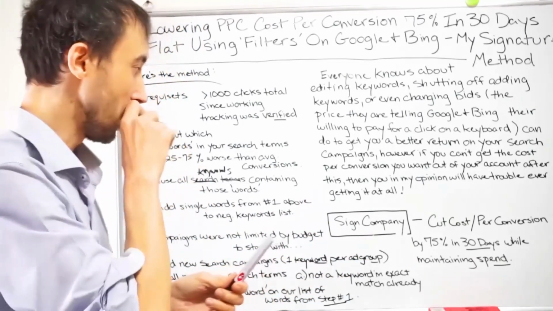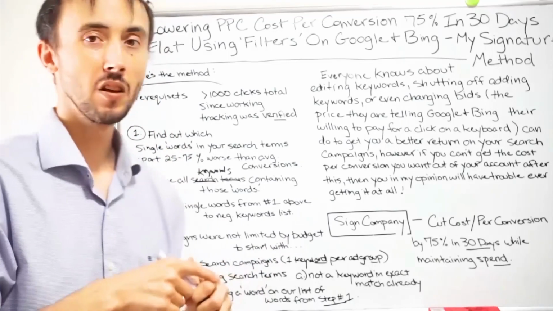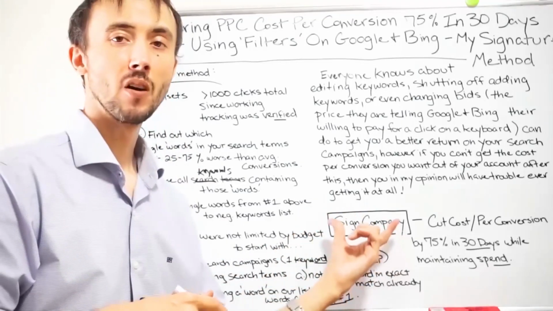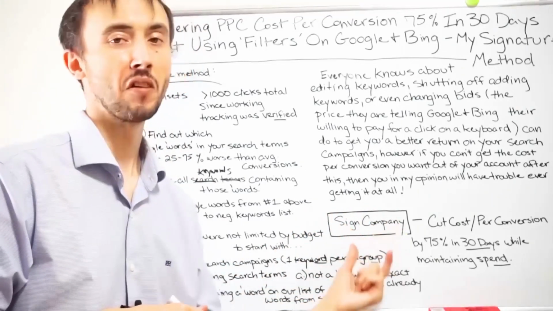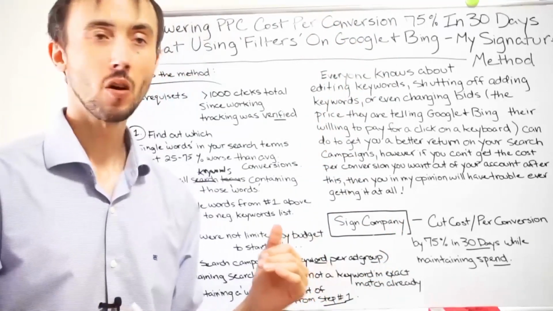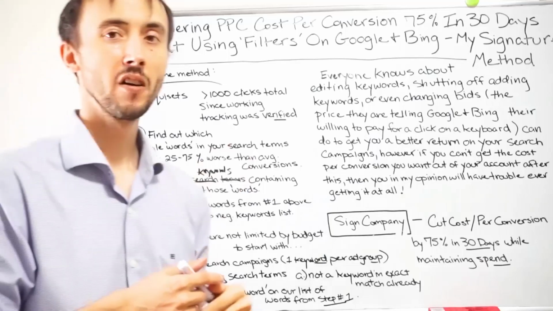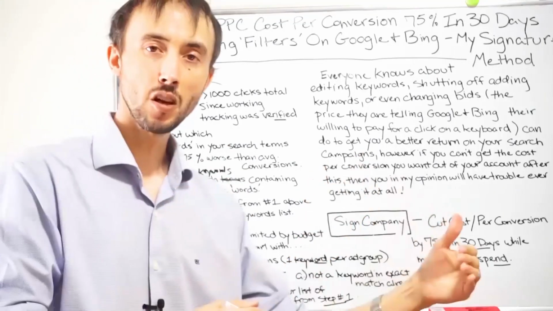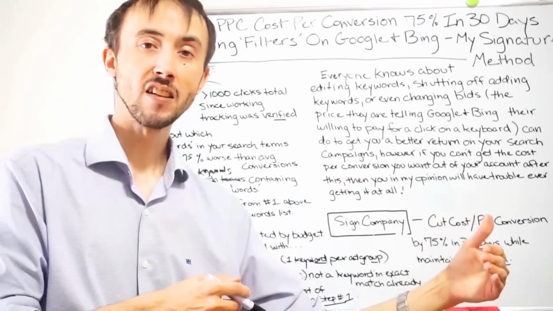So even if you started out with one ad group for every keyword, after you've had 3,000 clicks or more, or 1,000 clicks or more, you'll find search terms there that you don't already have added as keywords.